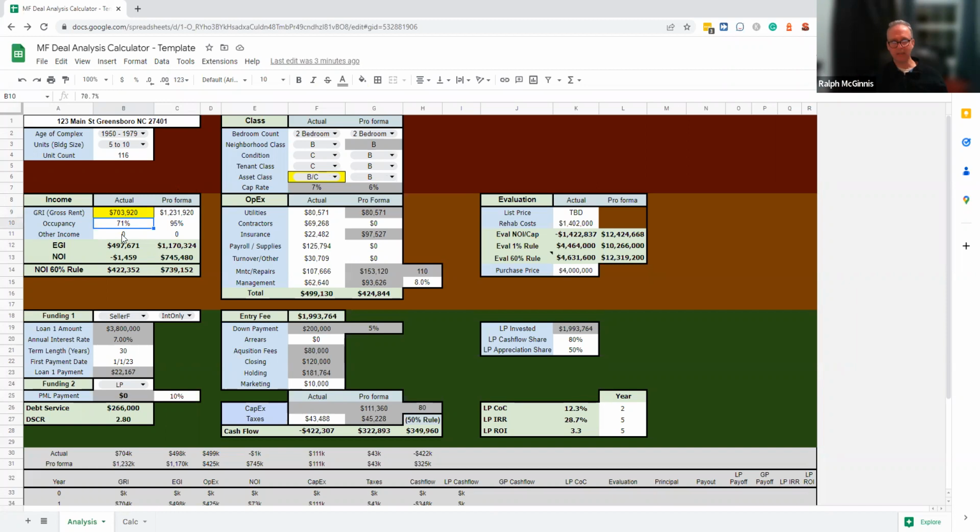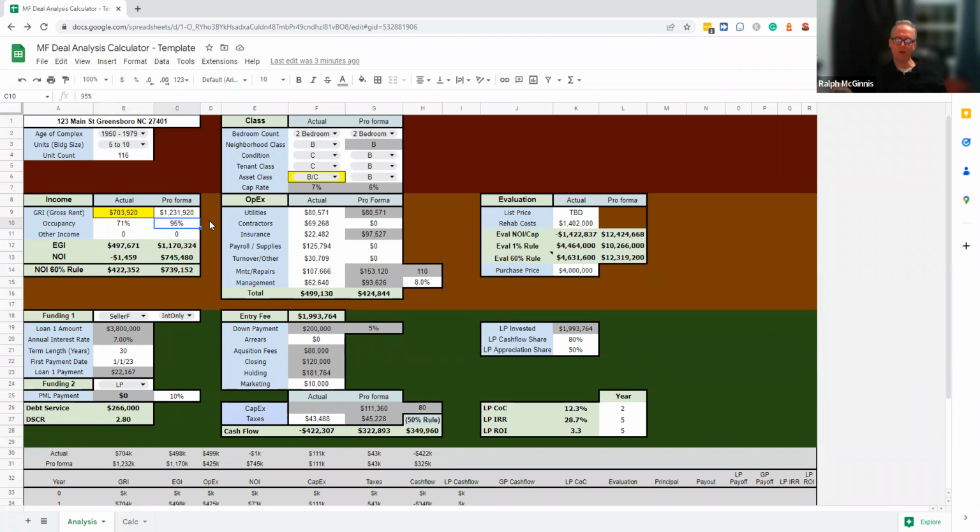Typically, for a property in high demand where the management is doing their job, you're going to use like a 95% occupancy rate. If it's not in as great of a demand and management's not doing their job so hot, it's going to be 90% or less. It might be 80, it might be 70.